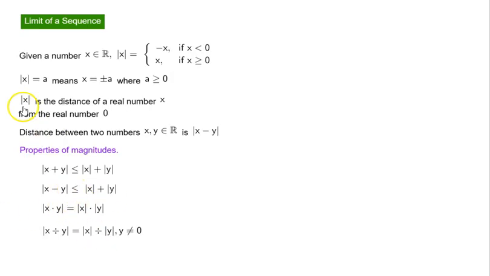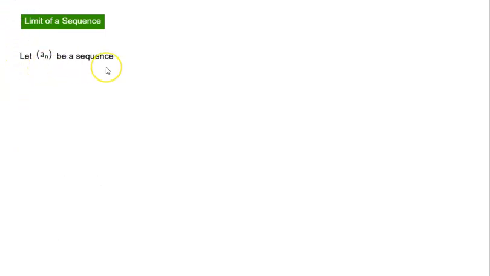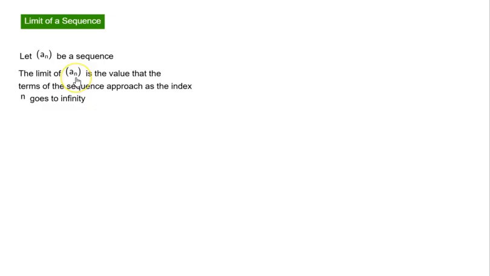Now let's get on to the limit of a sequence. Let a sub n be a sequence. The limit of this sequence a sub n is a value that the terms of the sequence approach as the index n goes to infinity.